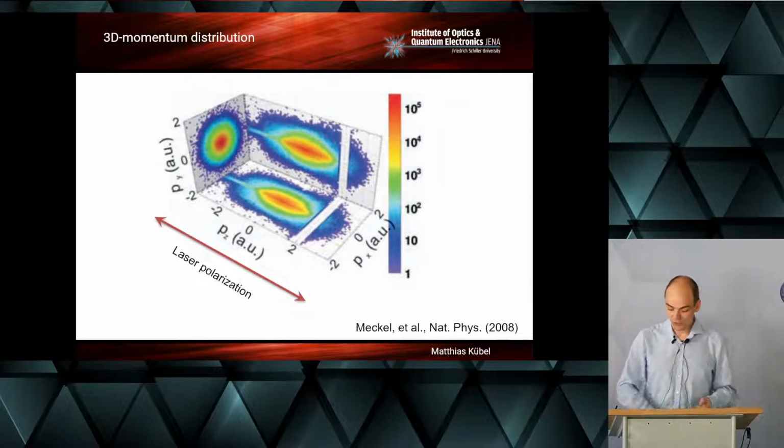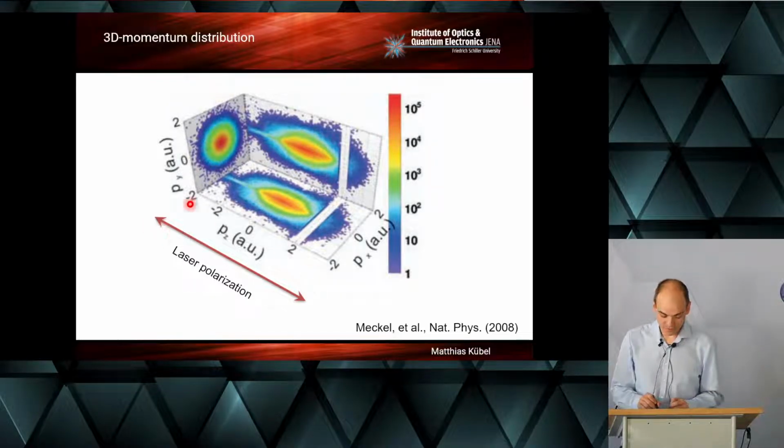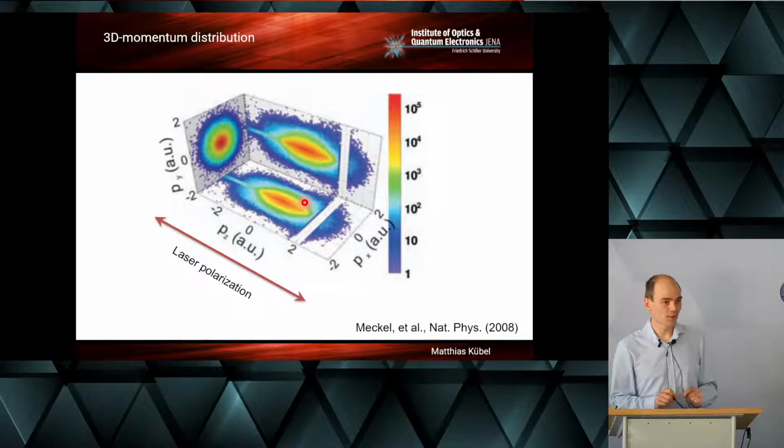So here is the laser polarization, and you see that the main component is along the laser polarization. The momenta or velocities are larger along the laser polarization.